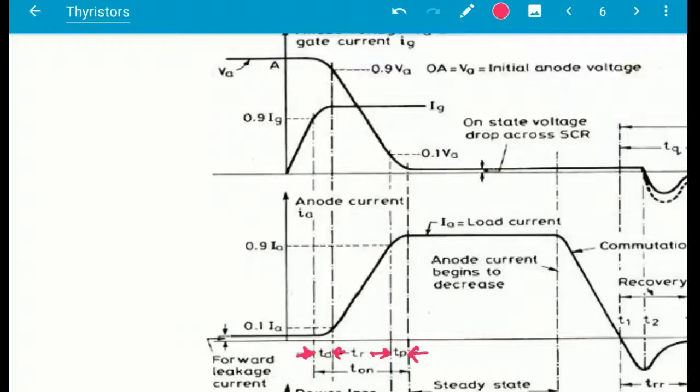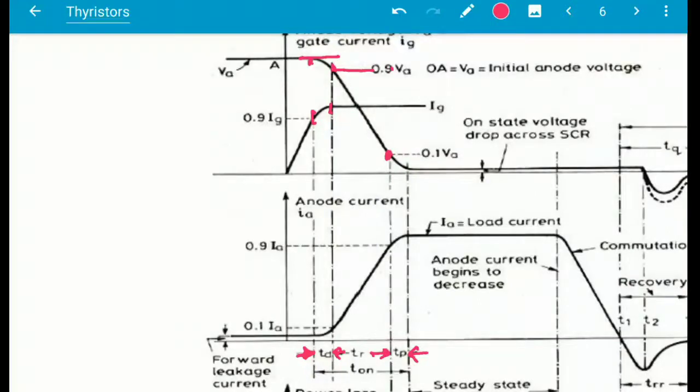TD is defined as from VA to 0.9 of VA. That means when the anode voltage decreases from its initial condition to 90%, it is called the delay time. And what is rise time? Rise time is from 0.9 to 0.1 of anode voltage.